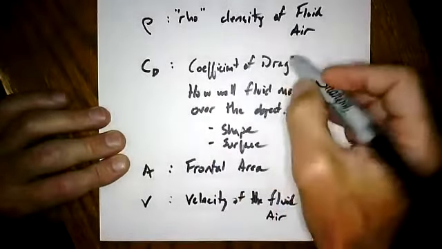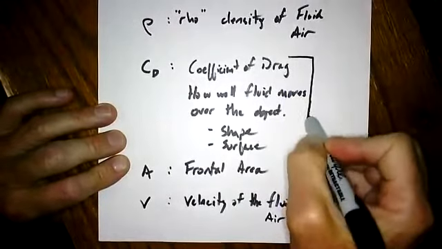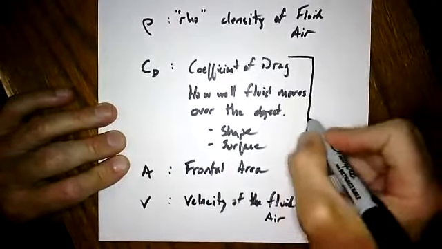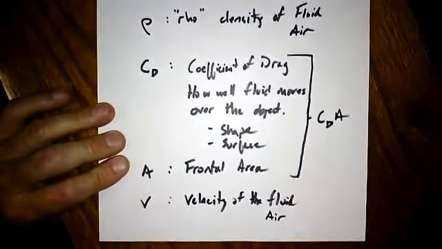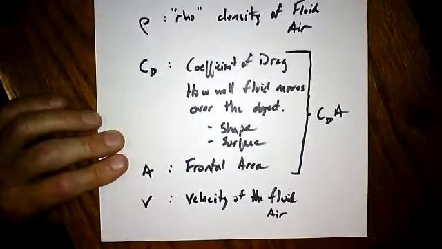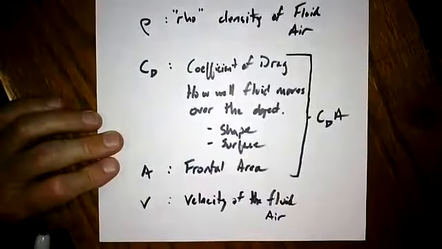So what cyclists will typically do is combine these two terms into one term, CDA. That CDA, you'll hear it said that way a lot, is the two parameters combined into one.